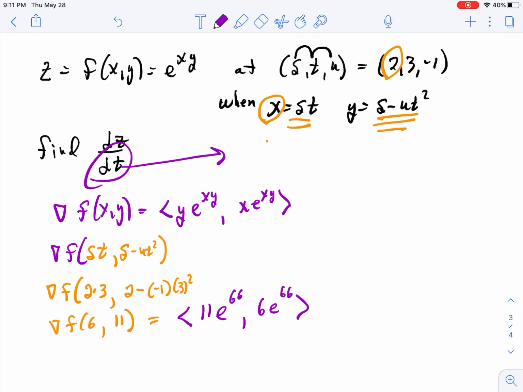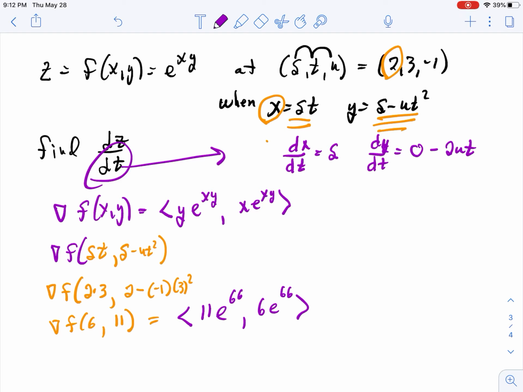So now let's come back and do the derivative. Now we are doing it in terms of t. So dx dt: what's the derivative of st? That'd be 1s. Derivative dy dt would be 0 minus 2ut.